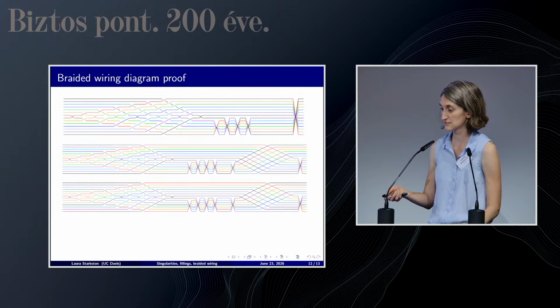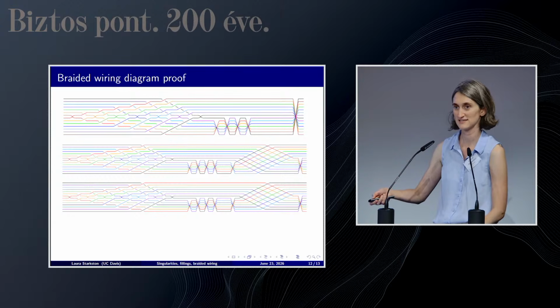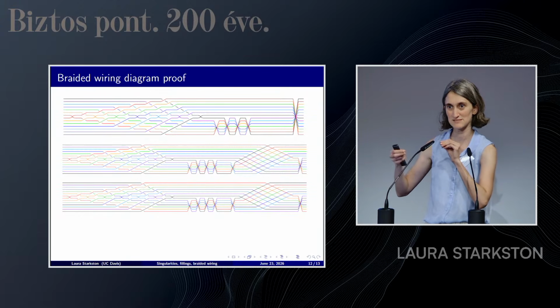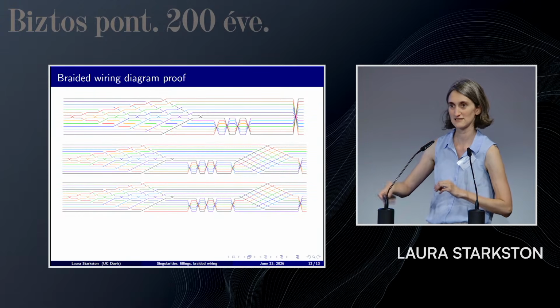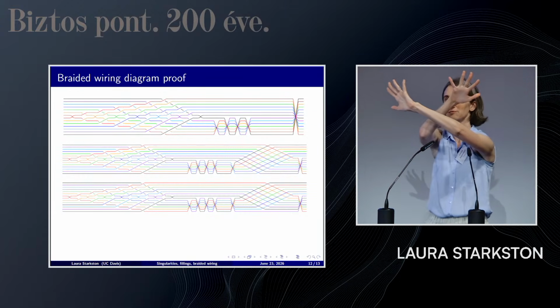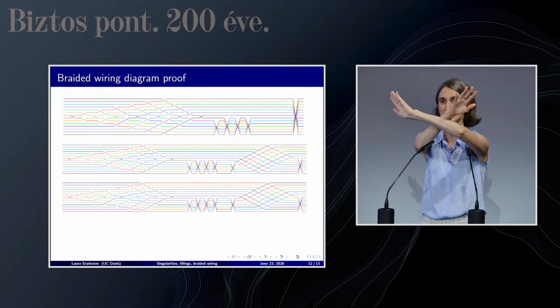The first thing we do is, you see this giant multi-point at the beginning. We're going to break that up so that the top half of the strands and the bottom half of the strands each keep their own intersections amongst themselves, but they intersect each other transversely. These are my top half of strands, and these are my bottom half of strands. First, they intersect each other all at the same point where they all intersect themselves.